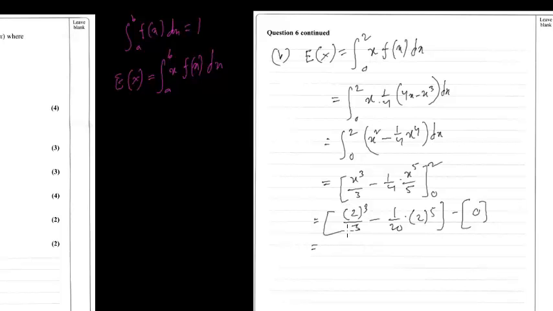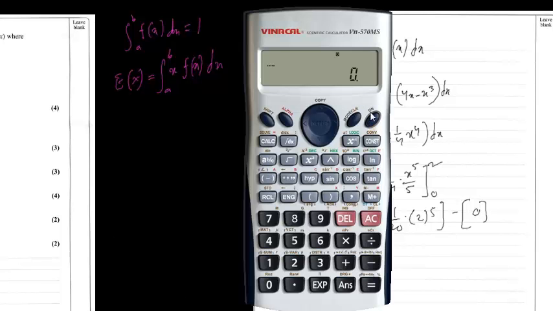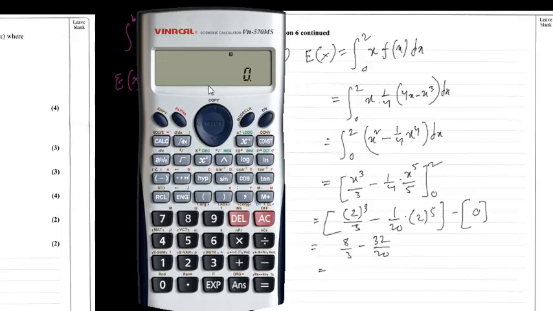So that means 8 by 3 minus 2 to the power 5 is 32, 32 by 20, and the answer would be 8 by 3 minus 32 by 20. That is 16 by 15.